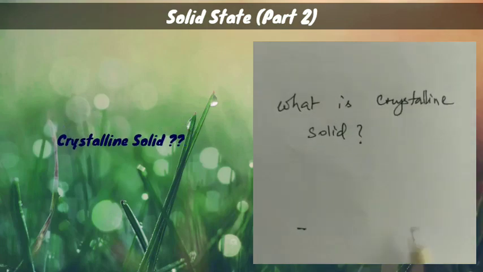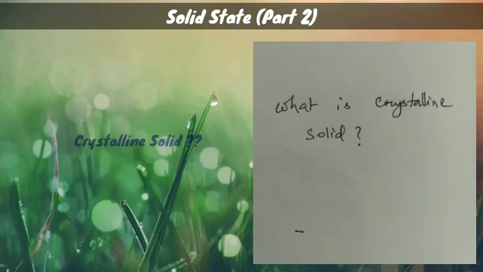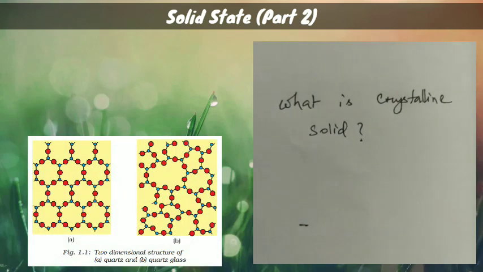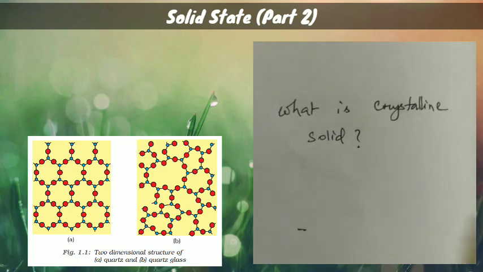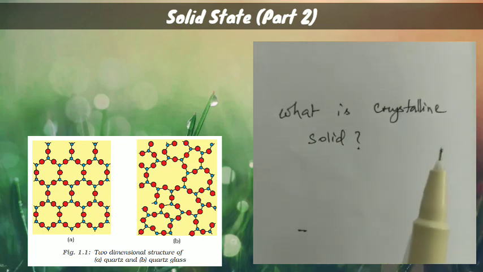Now the question is, what is a crystalline solid? How are you going to define the crystalline solid? We can define the crystalline solid by its properties. If some properties or some behavior is observed from that solid, then we can say that solid is a crystalline solid.